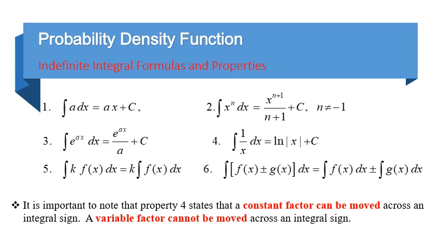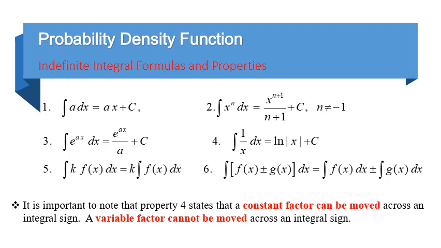If you are integrating, like in rule number 3, e to the power ax, you just have to put the function as it is, e to the power ax over a plus c. Like in number 4, if you are integrating 1 over x, you need to write ln x plus c.